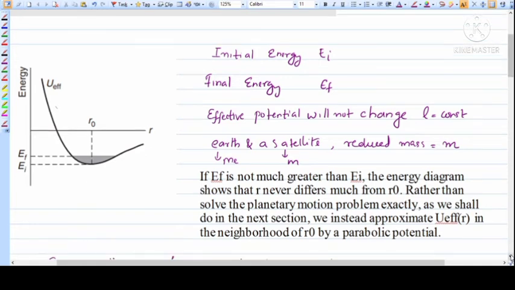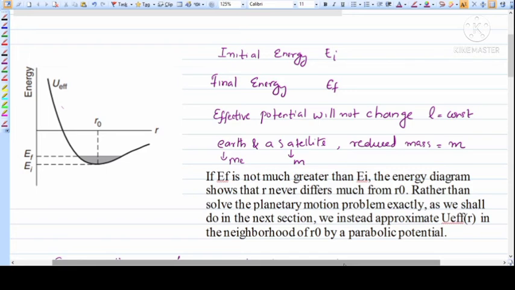So we can say that the reduced mass is m itself.